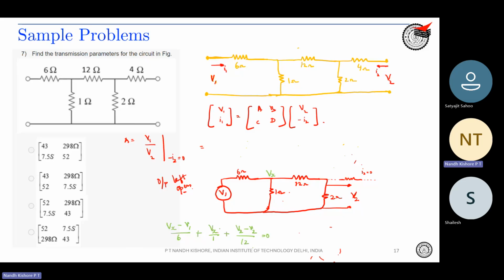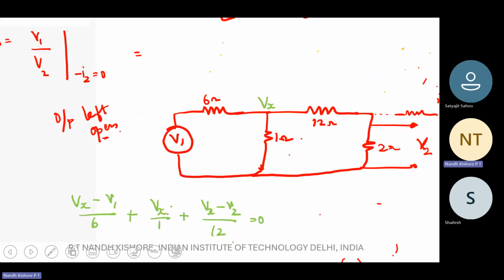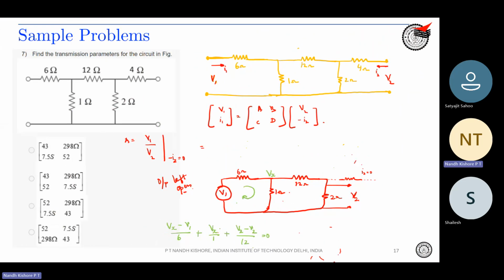If you solve by mesh analysis, you take a current, let's say IA, and this will be IB, and solve for IA and IB.